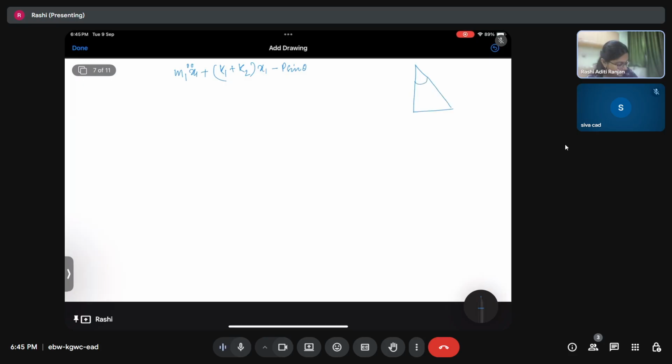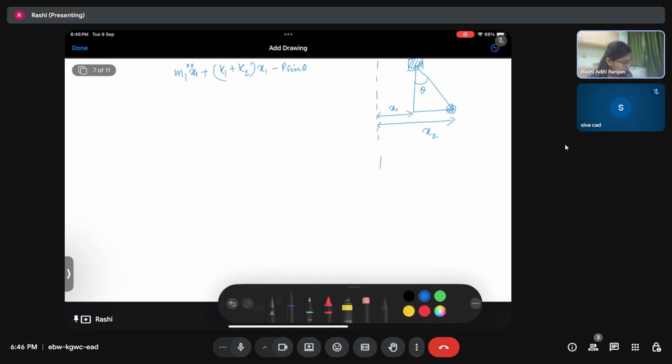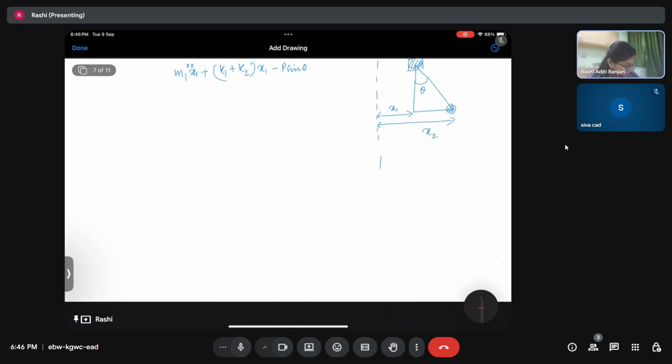If this is theta, initially the position was here, from where the position of the bob is x2, and the position of the mass, which is over here, is x1. So this is x2 minus x1, right?